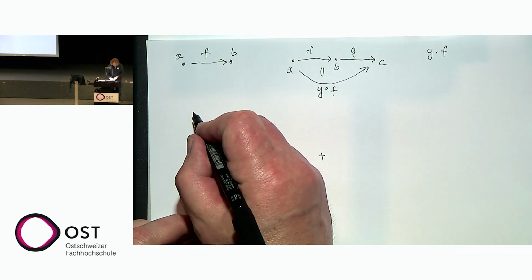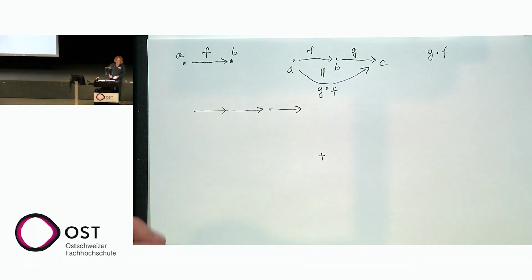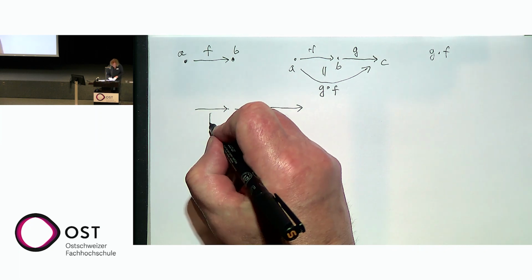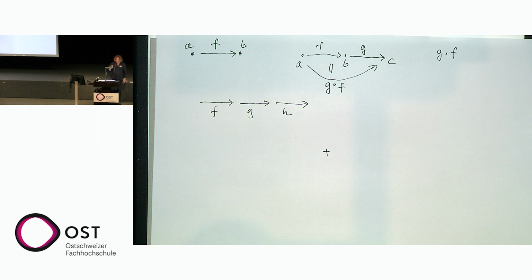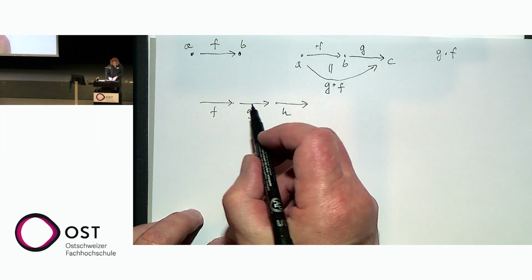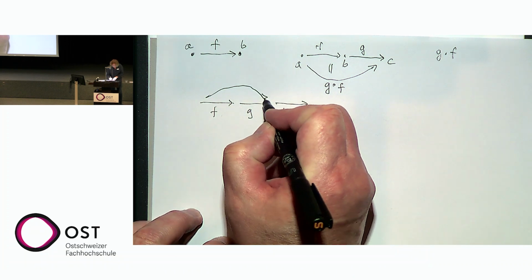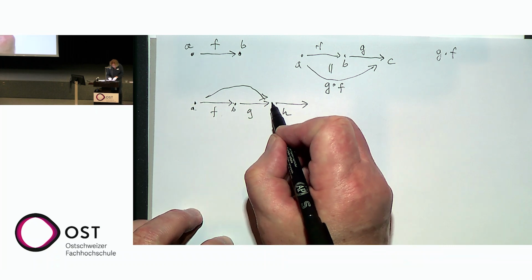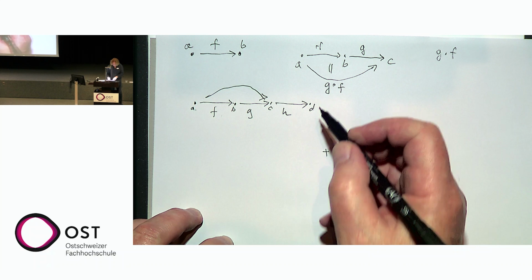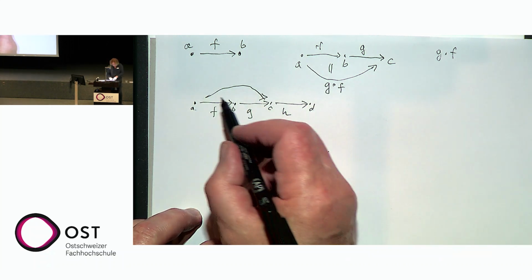Well, if you have three arrows, okay, you want to be able to compose them, right? Let's say F, G, and H. There are two ways of composing them. Okay, you can first compose G after F, so you get this arrow. Going from, let's say, A, B, C, and D, right? You get this arrow, and now you have again two arrows that you can compose, right?